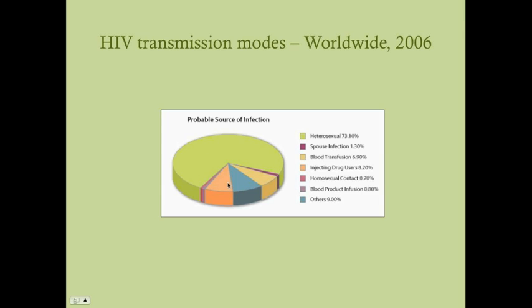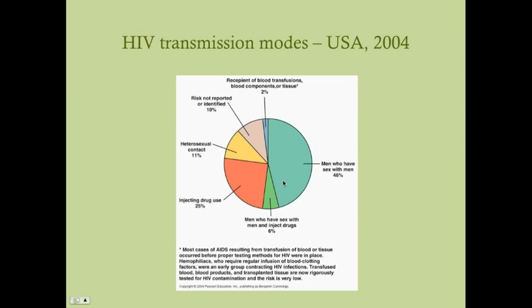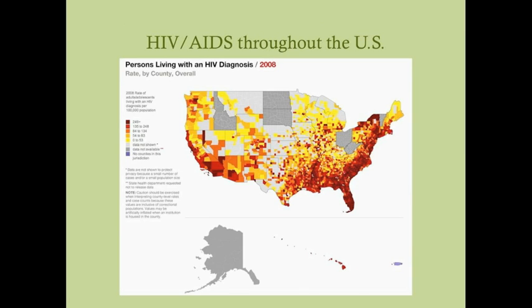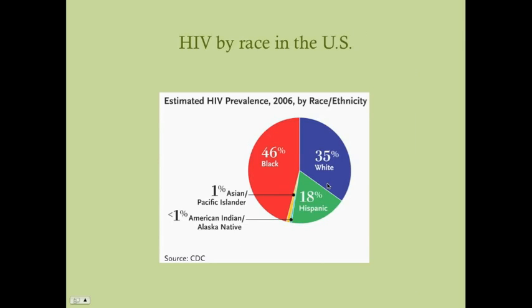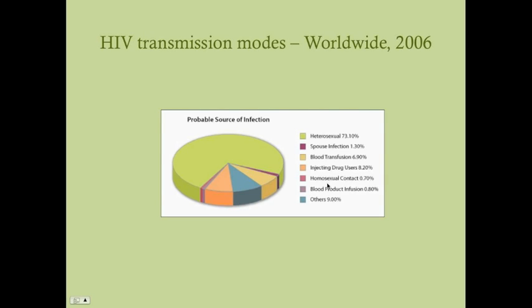And men who sleep with men only make up less than 1% of the worldwide cases of HIV/AIDS. So while in the U.S. you could probably consider AIDS to be a homosexual problem, worldwide it's actually indeed a heterosexual problem. It's a problem for everybody.